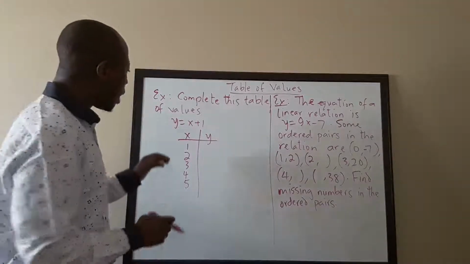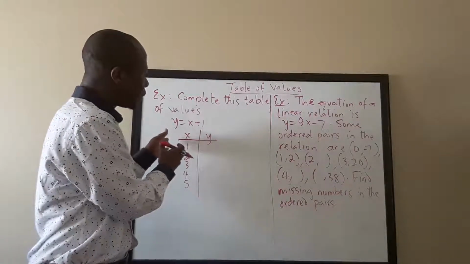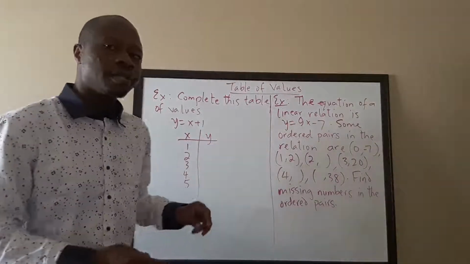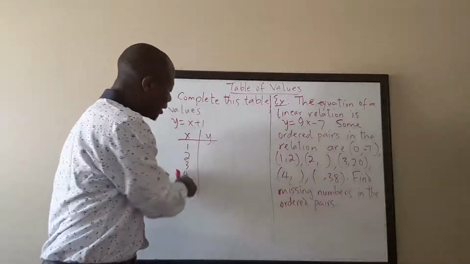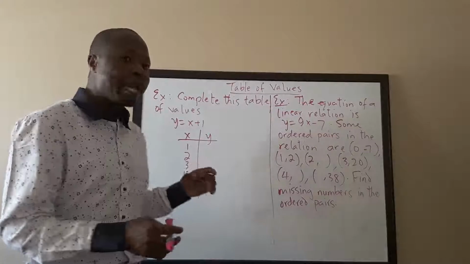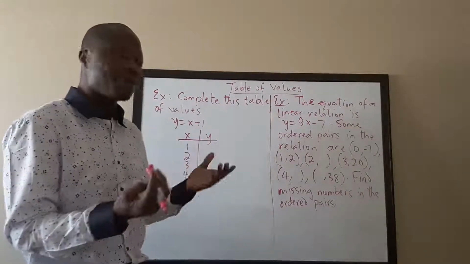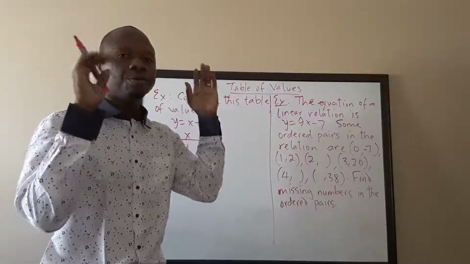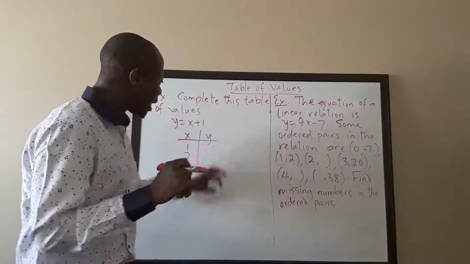So we call this one here the input, and then this one the output. We're calling this one the input because we've been given all the numbers to input, and then when we make our evaluations or calculations using these numbers, they're going to produce an output. So the outputs are now going to be here.